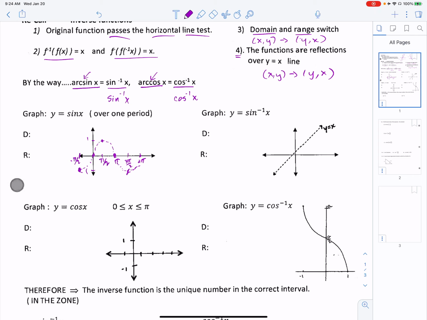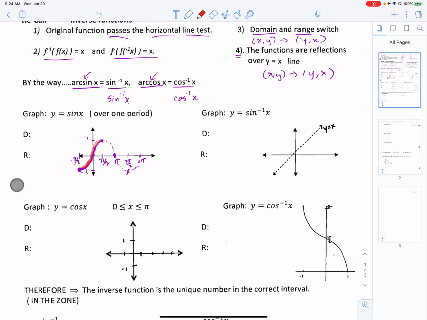So we have to restrict this to an interval that is increasing or decreasing overall. I can't have an interval where it both increases and decreases because then it won't pass the horizontal line test. Where we end up restricting is right in here. That is how we're going to restrict sine.